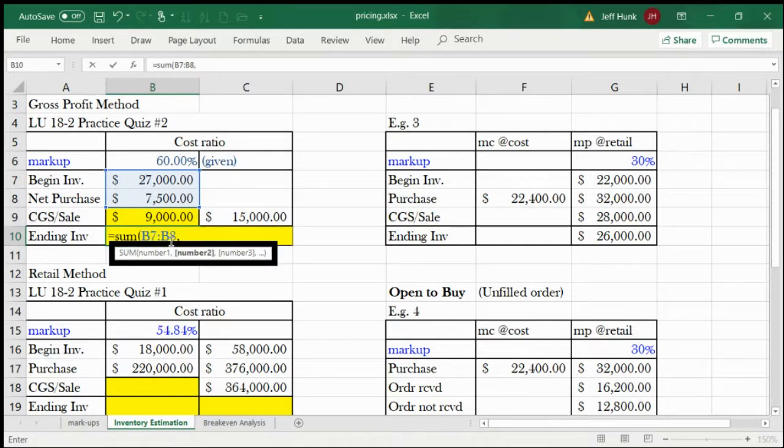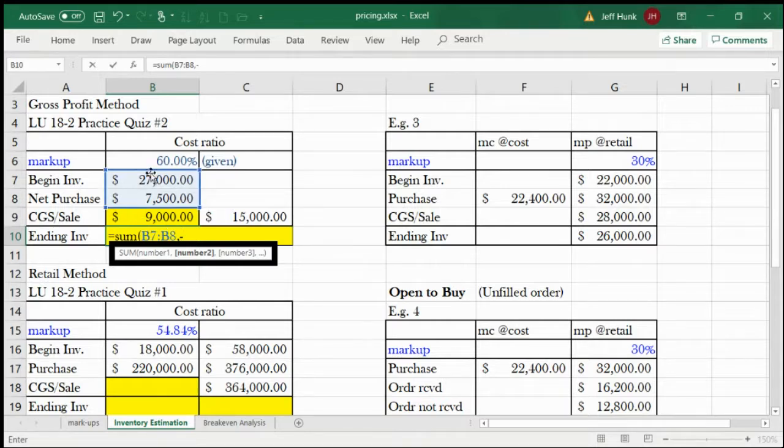If you're adding up all of them, B7 through B9, you're summing everything from B7 through B9. But in this case, B9 is negative, because you'll have to subtract it. So you can also put everything in the sum command.